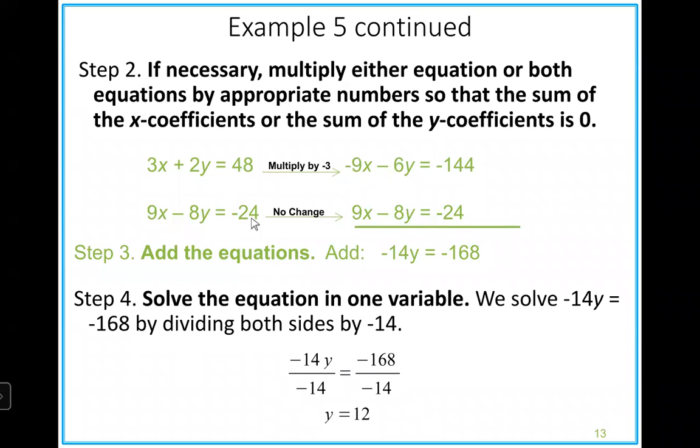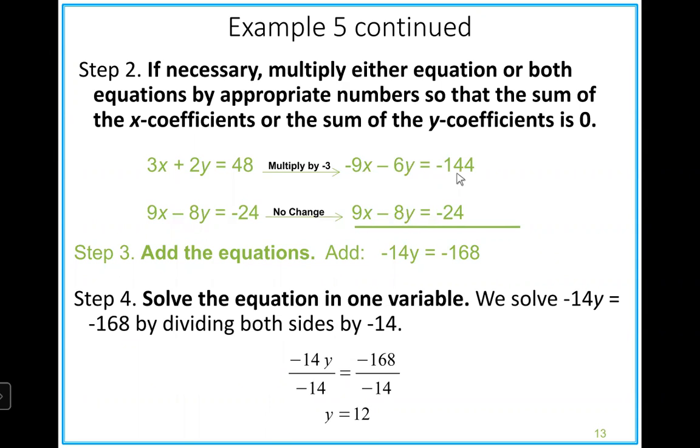And then of course, you don't need to do anything to the bottom equation because it already has this 9x, which would cancel out with this -9x up top. So once you add the two equations together, this -9x plus positive 9x is going to eliminate x. You're going to get 0x, which is 0. -6 plus -8 gives you -14y.